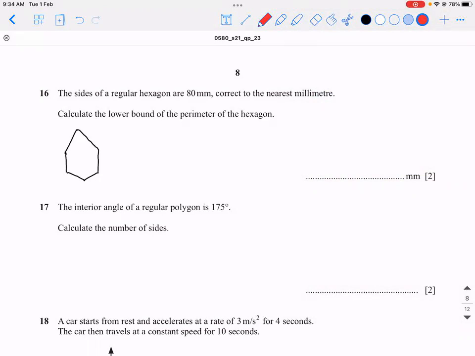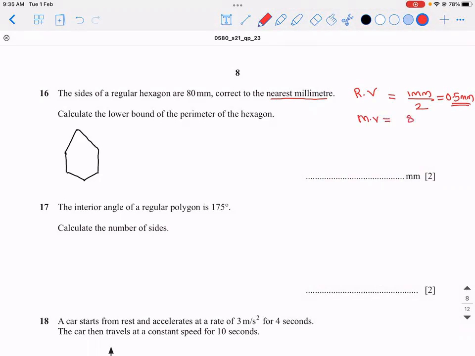So it's correct to the nearest millimeter, right? So that means our round off value, RV, will be what? Since it is nearest millimeter, we have to take half of that, 1 millimeter by 2. That will give 0.5 mm. And what is the measured value, MV?